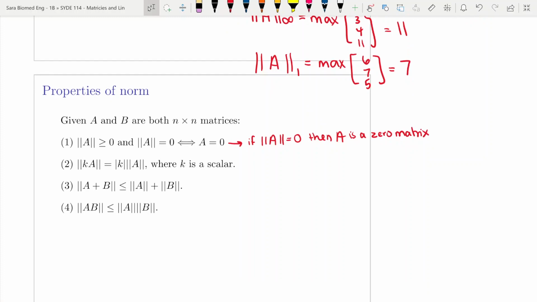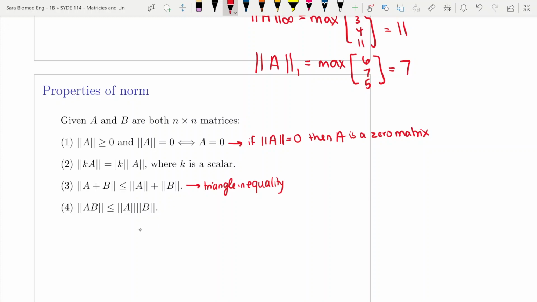And we have two inequalities. If you want to compute the norm of a sum of matrices, it's going to be less or equal to the sum of the individual norms. Same thing for multiplication: you have A times B, you take the norm, it's going to be less or equal to the norm of A times the norm of B. Okay?